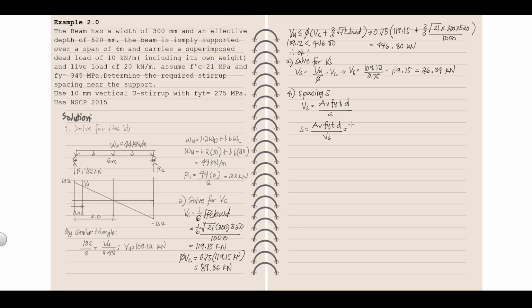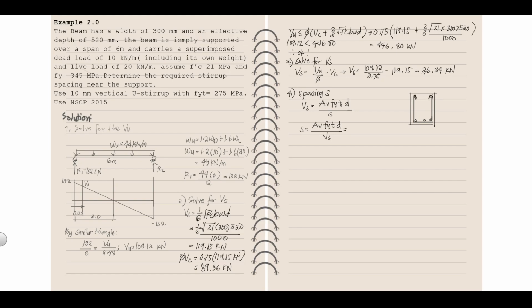So ang AV natin dito, take note, the beam stirrup is U. So ito yung mga main bar natin. Ang beam stirrup natin is U-shape. Ganyan siya.